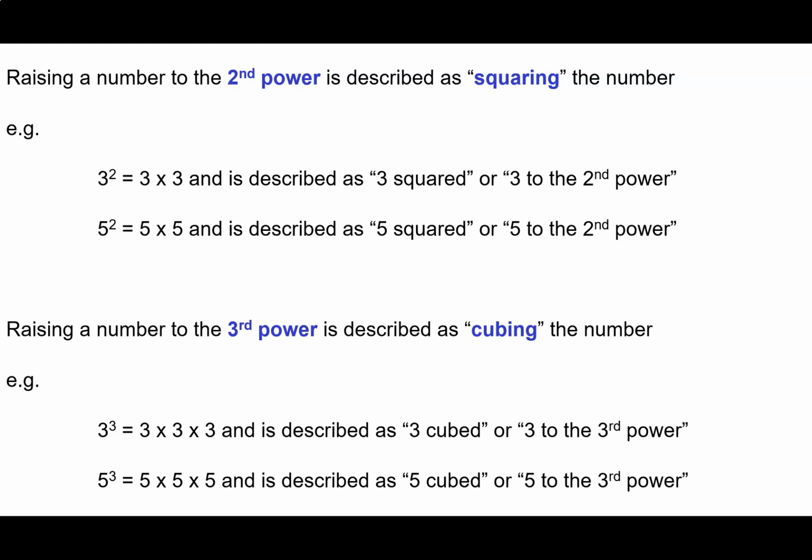Some of these powers have special names. Raising a number to the second power is described as squaring the number. Raising a number to the third power is described as cubing the number. Most calculators have a feature, because squaring is so common, that you can actually do it with one button press.